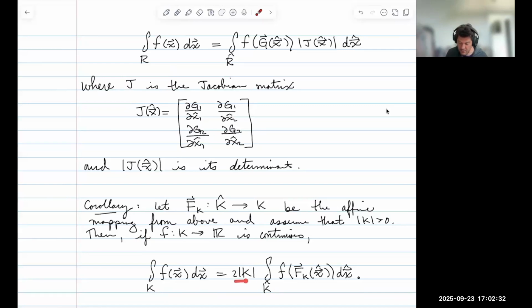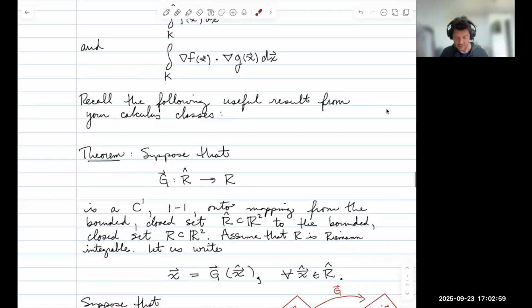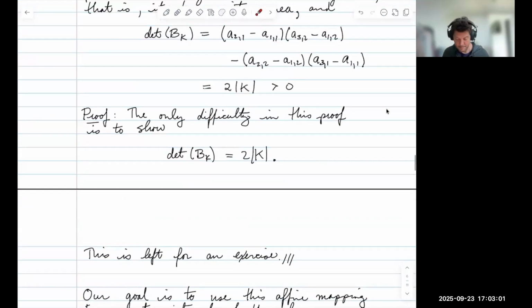What about this? Where did this come from? This came from the fact that we can actually easily compute the Jacobian of this transformation. The Jacobian of that transformation just works out to be precisely 2 times the area of the triangle K. So if I take the determinant of the Jacobian map, it's just exactly equal to twice the area, which by the way is the same as the determinant of that transformation matrix B_K.